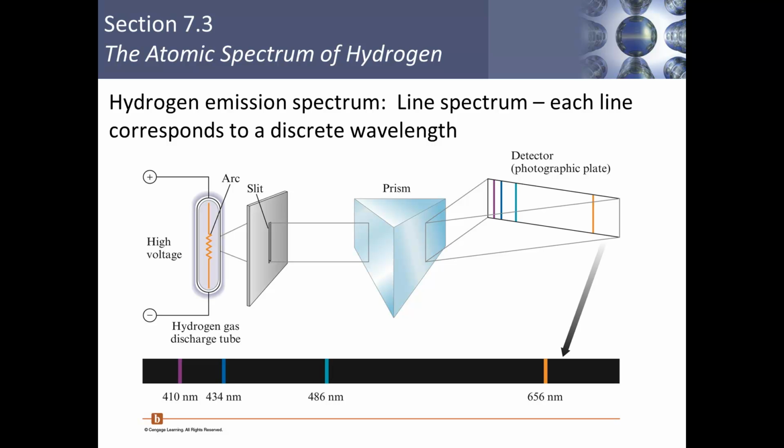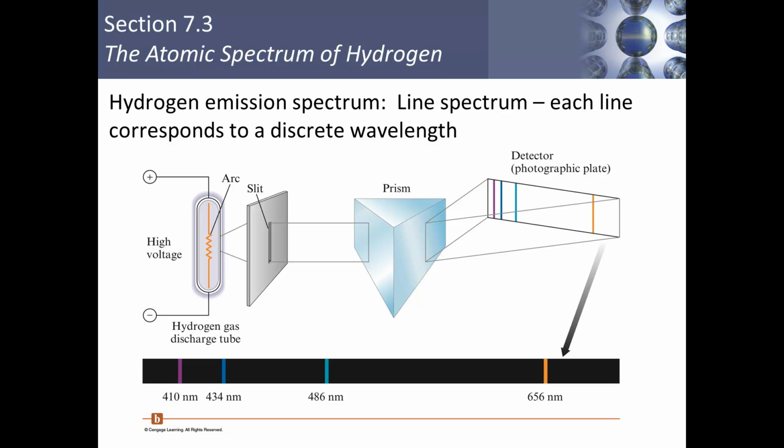If instead of an arc, we take high voltage and pass it through a tube containing hydrogen gas, we get a much different emission spectrum. We get a line spectrum where each line corresponds to a discrete wavelength of light.